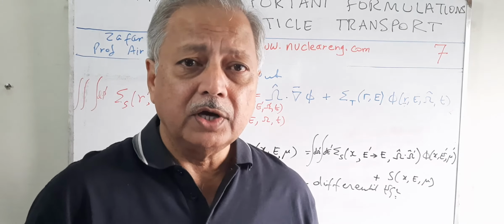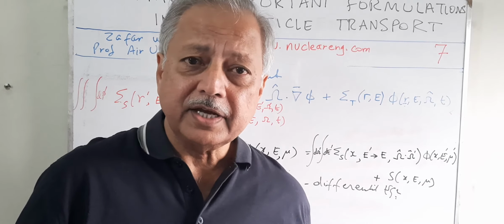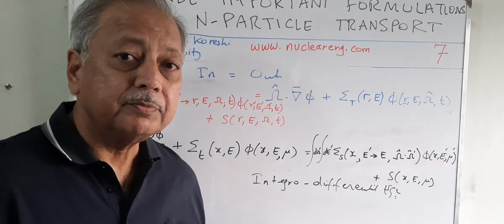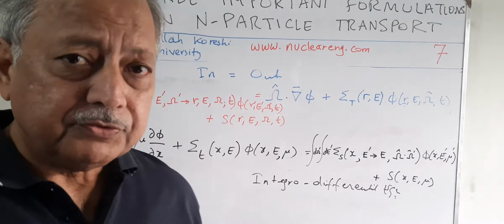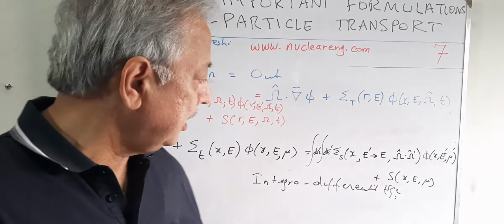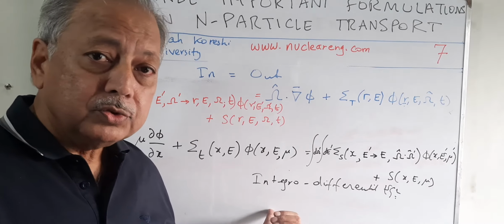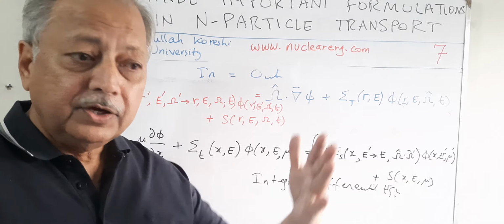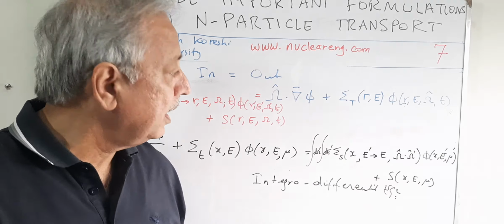And Chandrasekhar was a person who worked with Einstein. Now his H function, if you see the books, for example, by Bell and Glasstone, his H function, which is obtained via a transcendental equation, can be used to obtain the albedo, the reflectivity of any half space.